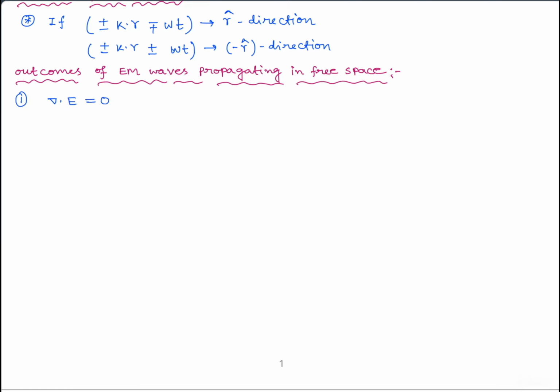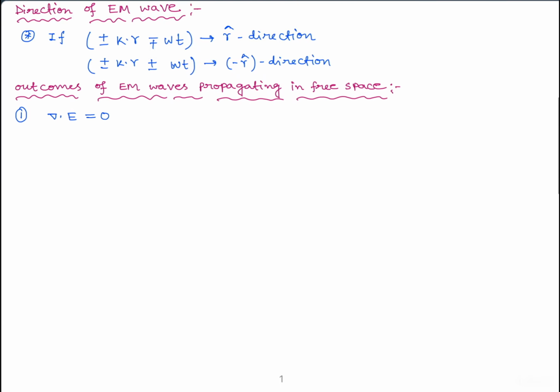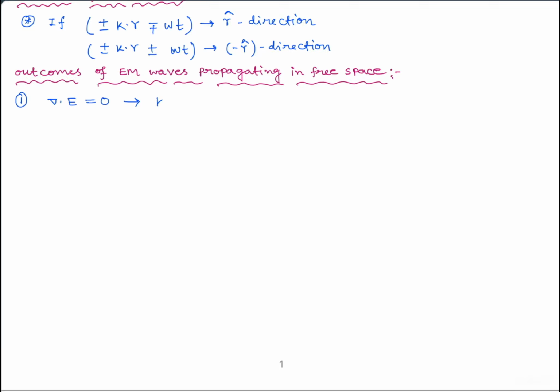If we put E equals E0 exponential i k dot r minus omega t, then we get k dot E equals 0. Number 2, from the second Maxwell equation, grad dot B equal to 0, we get k dot B equal to 0. This implies that the electric field must be perpendicular to the magnetic field and also perpendicular to the propagation vector k.